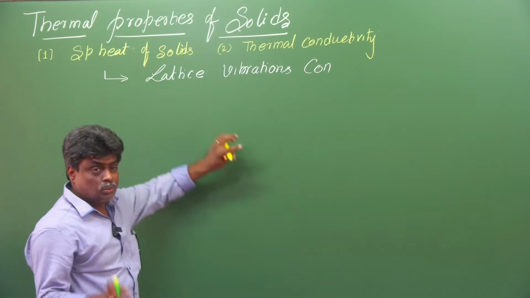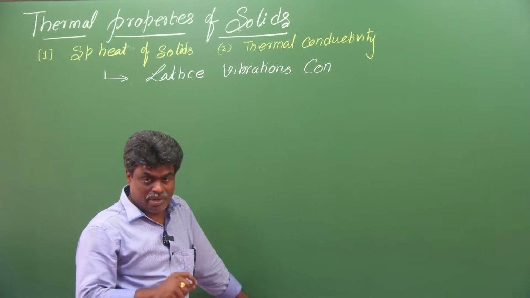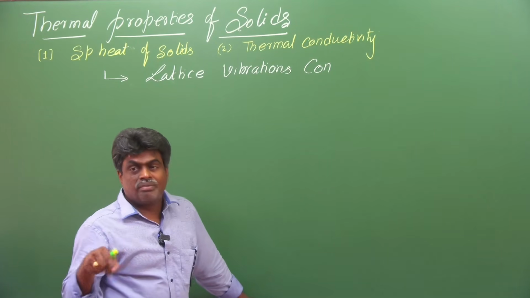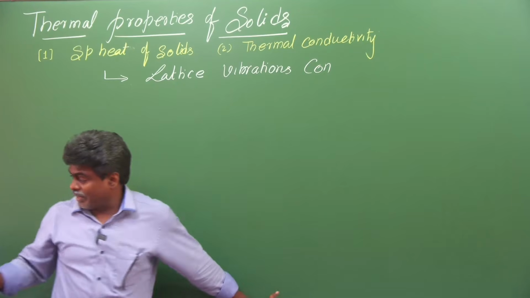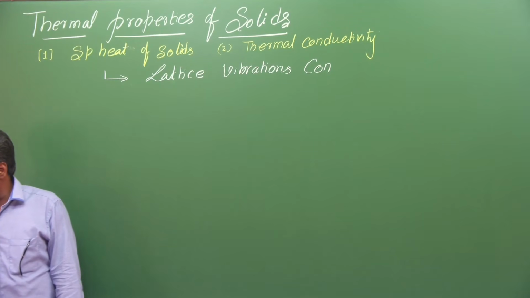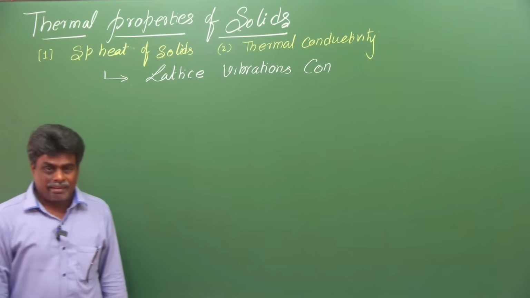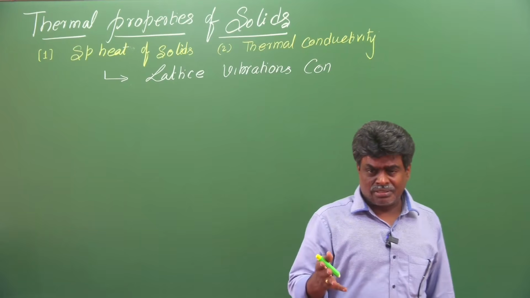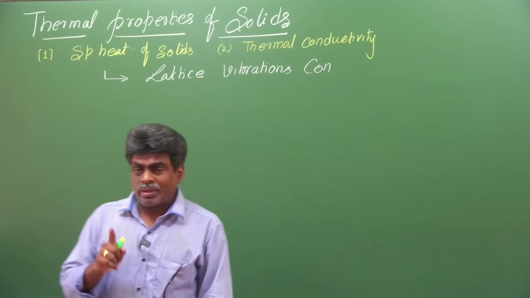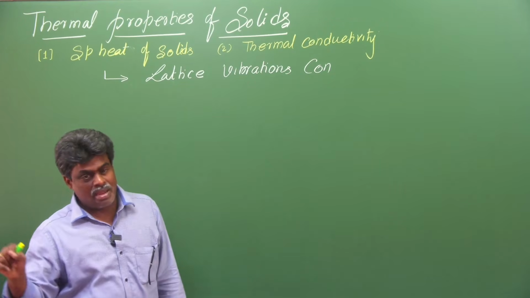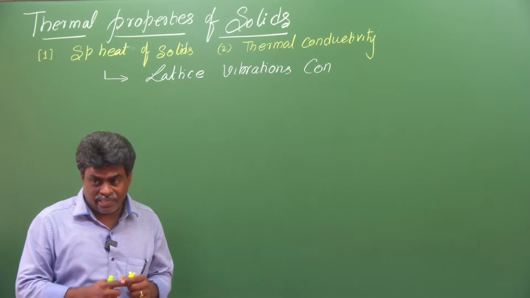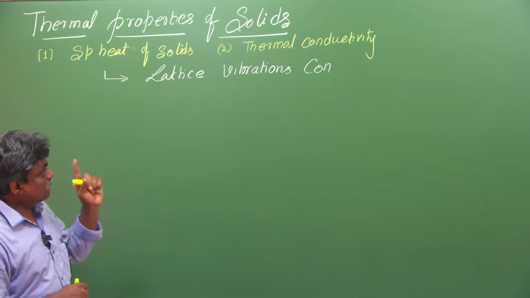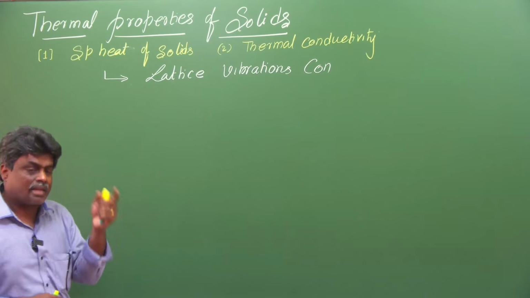Lattice vibration is proportional to T cube, and free electron is proportional to T. That's why the formula for specific heat in solids is CV equals A T cube plus B T. The T cube law is for lattice vibrations and the term proportional to T is from the free electron contribution.